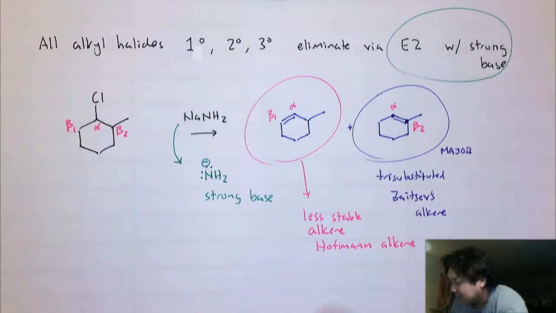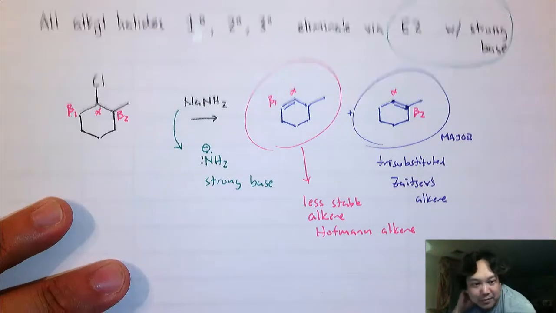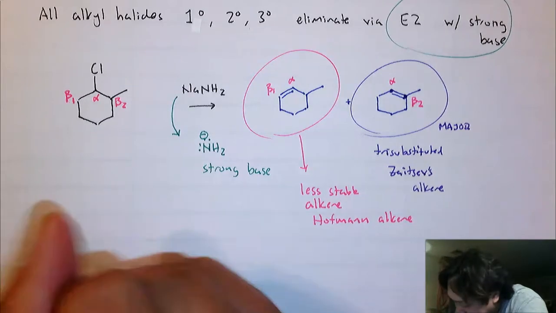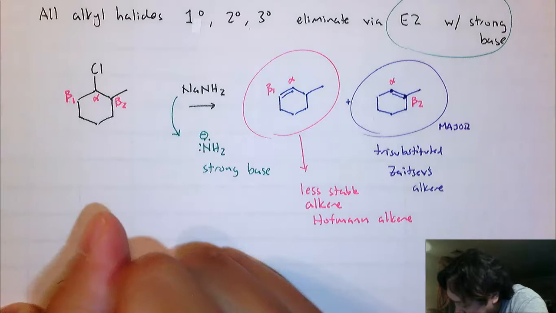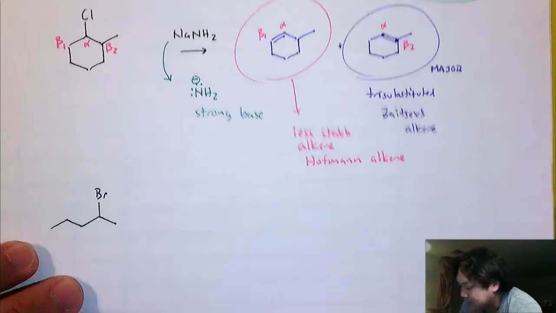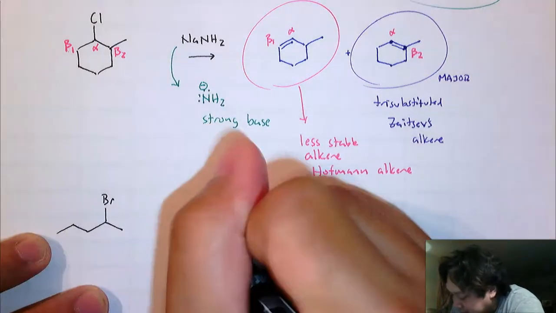Okay. Let me show you how to make the less substituted double bond. And I'm only going to teach you one way to do this. Let's go back to our classic secondary alkyl halide. If we use a base called potassium tert-butoxide.